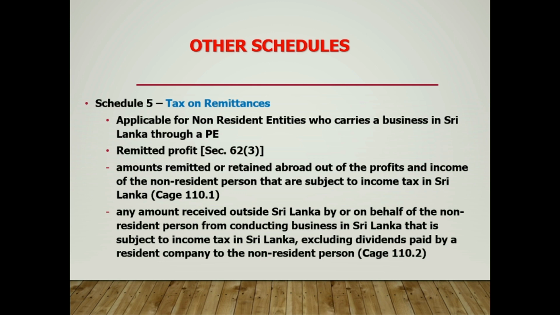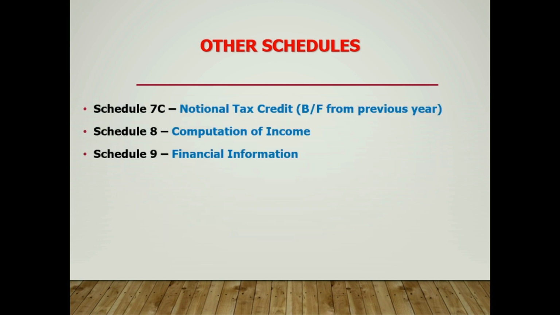Then that amount you have to enter in cage 110.2. Thereby you can fill Schedule 5 of the return of income, and the details should go to the first page of the return.